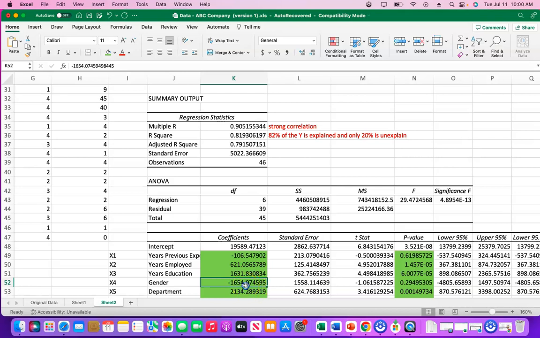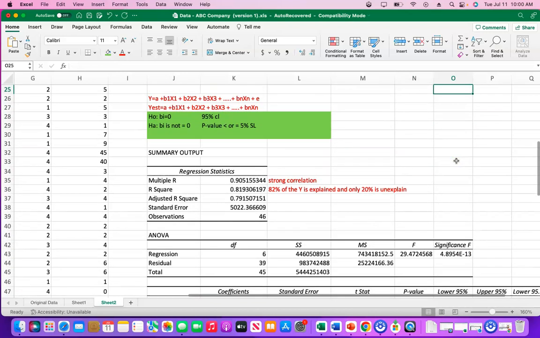But is that true? Well, we can see this amount, which we may think is a lot, but when we look at the probability value, you can see that it is 0.29, which is greater than 5%.